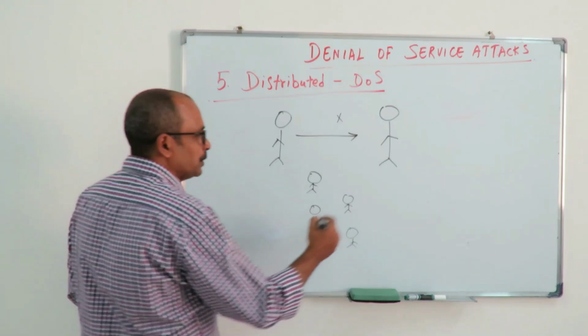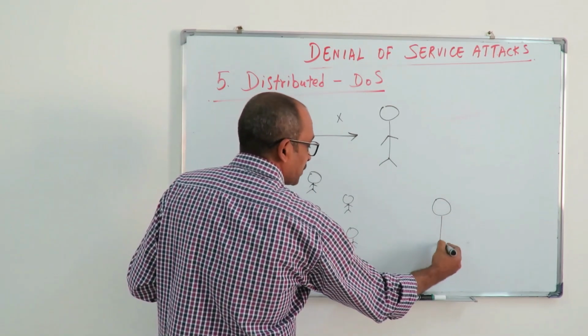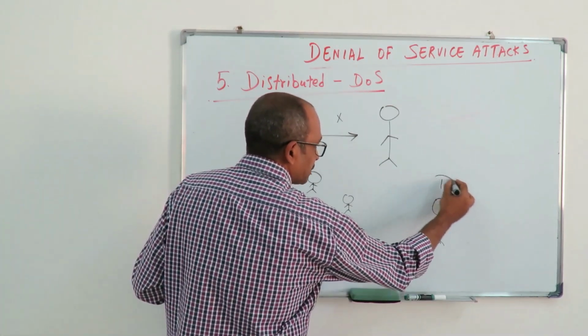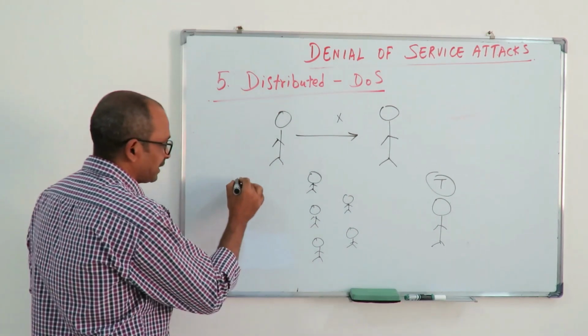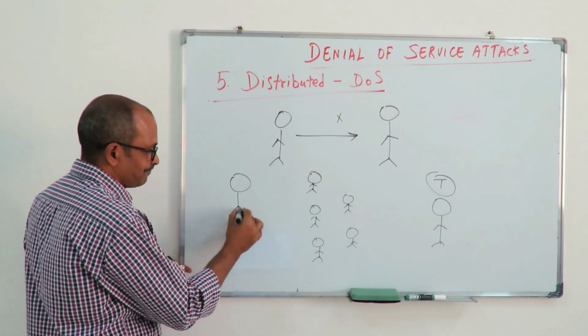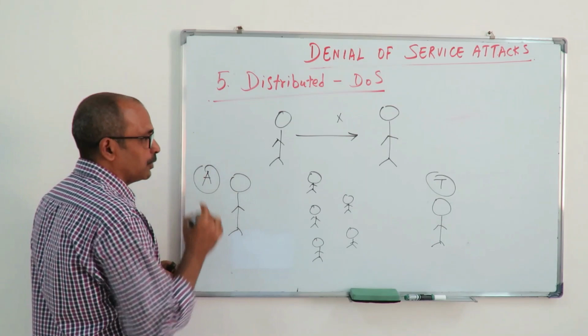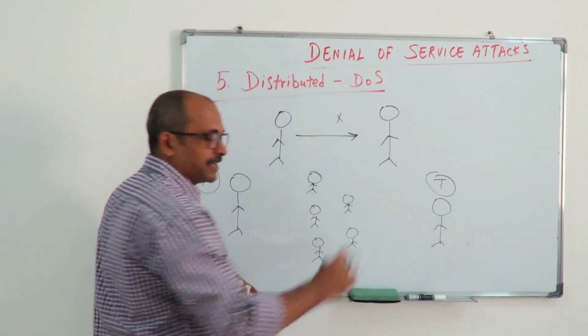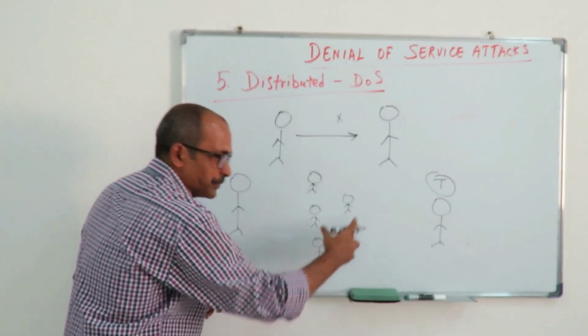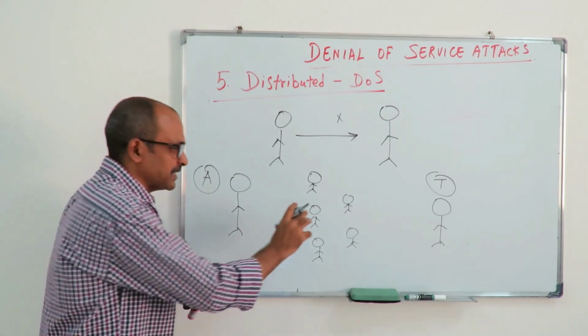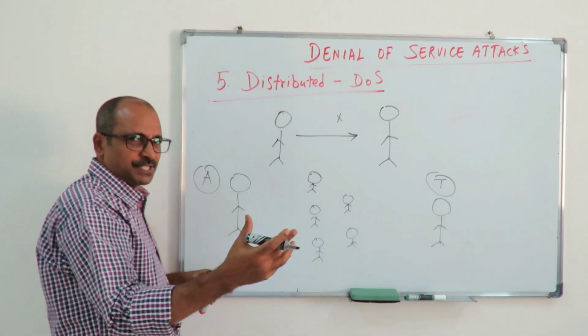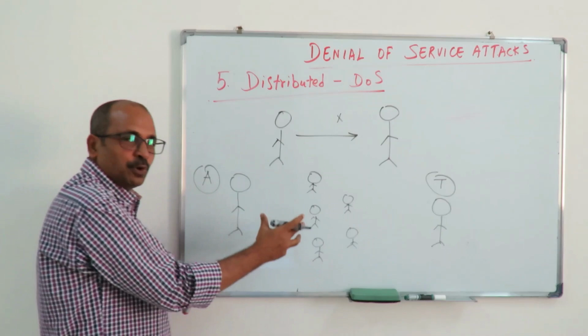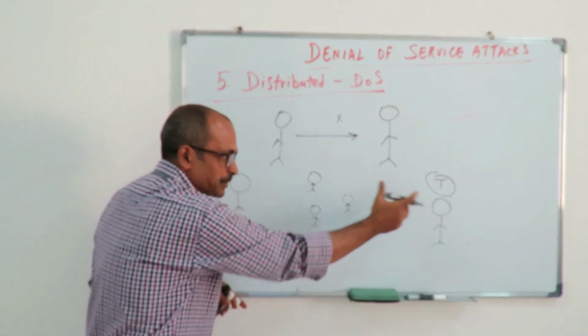So this is my attacker. Sorry, this is my target, and he is my attacker, the boss. Now, instead of directly attacking, I am going to use a group of people here. What the technical name is and how to call them, we will discuss later. I will involve a group of people to attack the particular target.